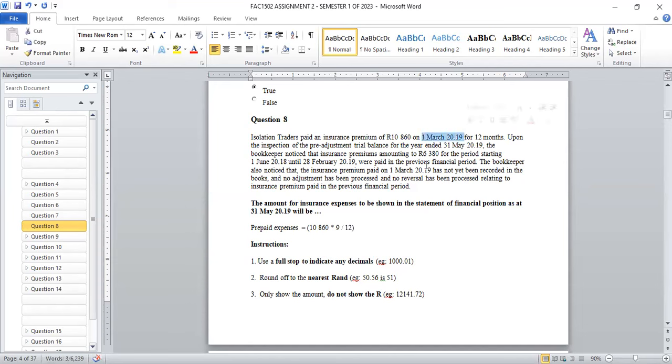So the rest of the months, which is the 9 months, would be the prepaid expense. Right. What do we get? 8,145.